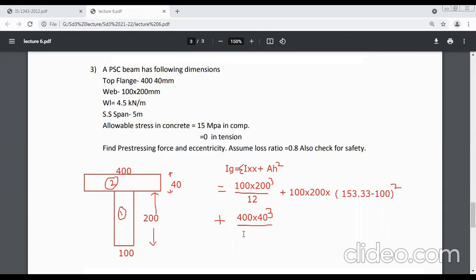Then plus 400 into 40 into H square, which means y bar minus y2 square. So y2, how much? It's 200 plus 40 by 2, it is 220 bracket.